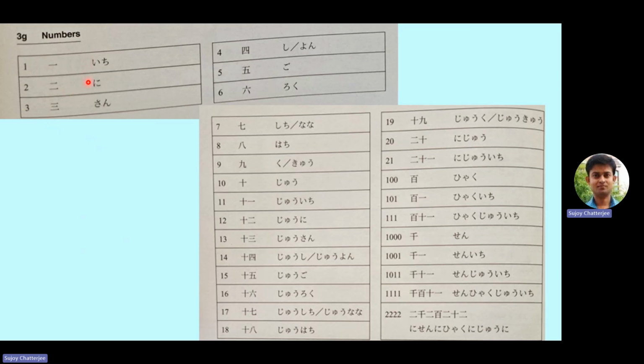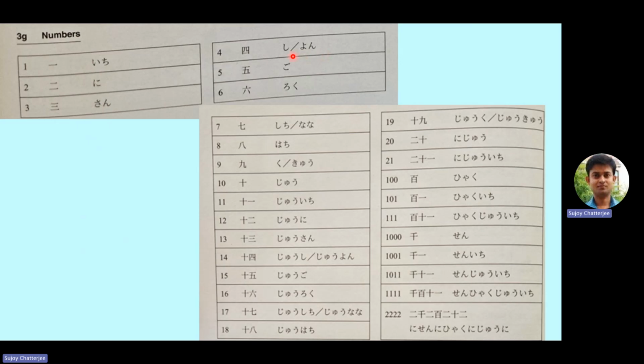And the third column is the numerals written in hiragana so that you can read. So 1 in Japanese is ichi, 2 ni, 3 san, 4 shi or yon.